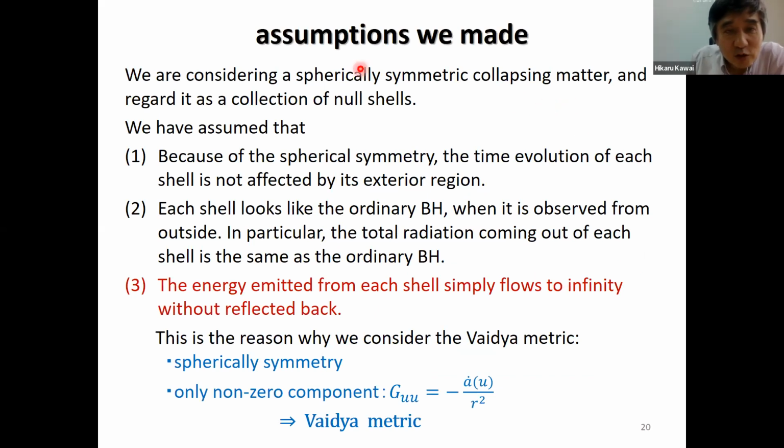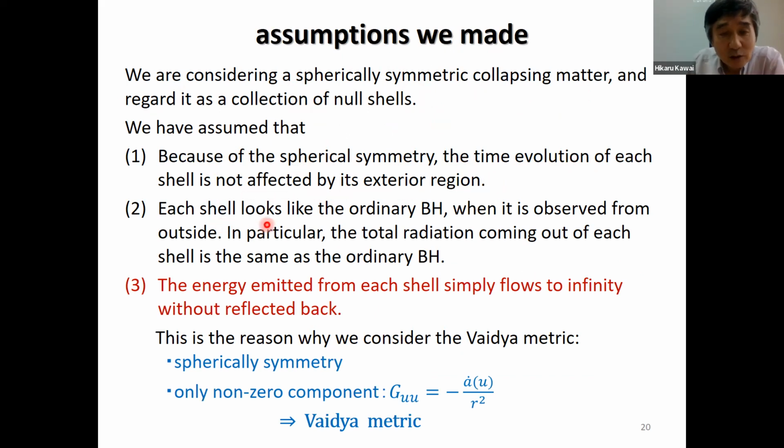Here I would like to make sure what assumptions we made. We are considering a spherically symmetric collapsing matter and regard it as a collection of null shells. And we have assumed that because of the spherical symmetry, the time evolution of each shell is not affected by its exterior region.